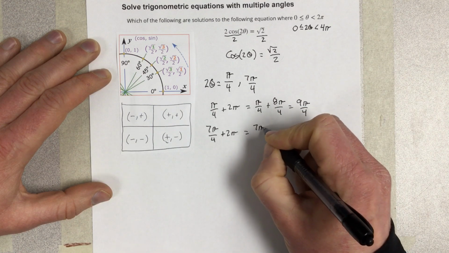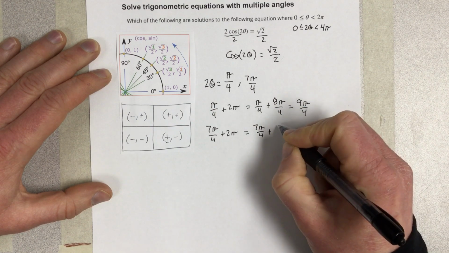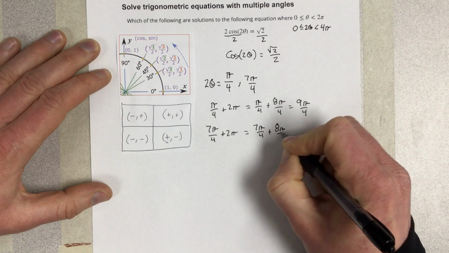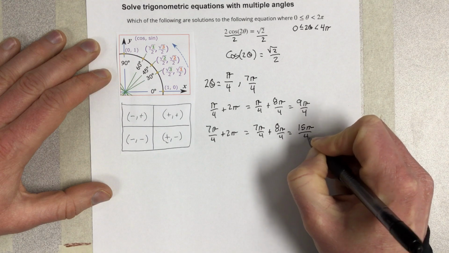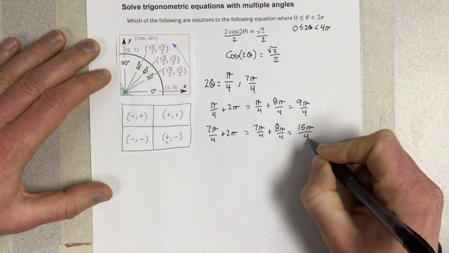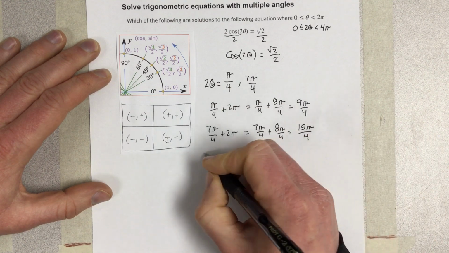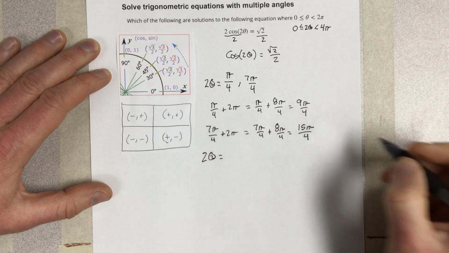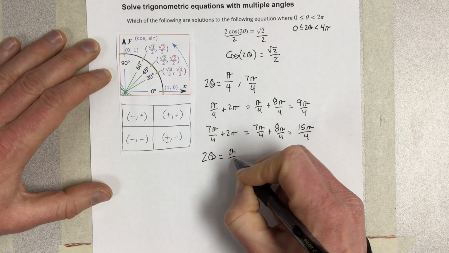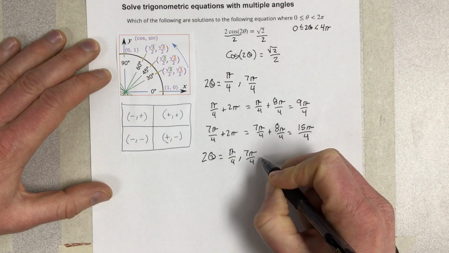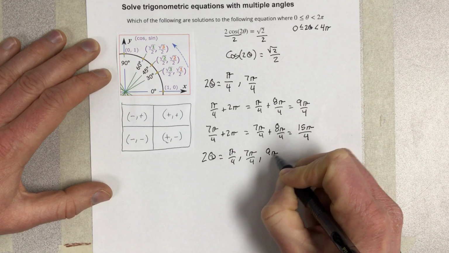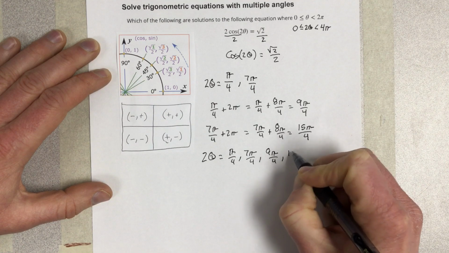Then 7 pi over 4 plus 8 pi over 4, which is 15 pi over 4. So I've got now 2 theta is equal to pi over 4, 7 pi over 4, 9 pi over 4, and 15 pi over 4.